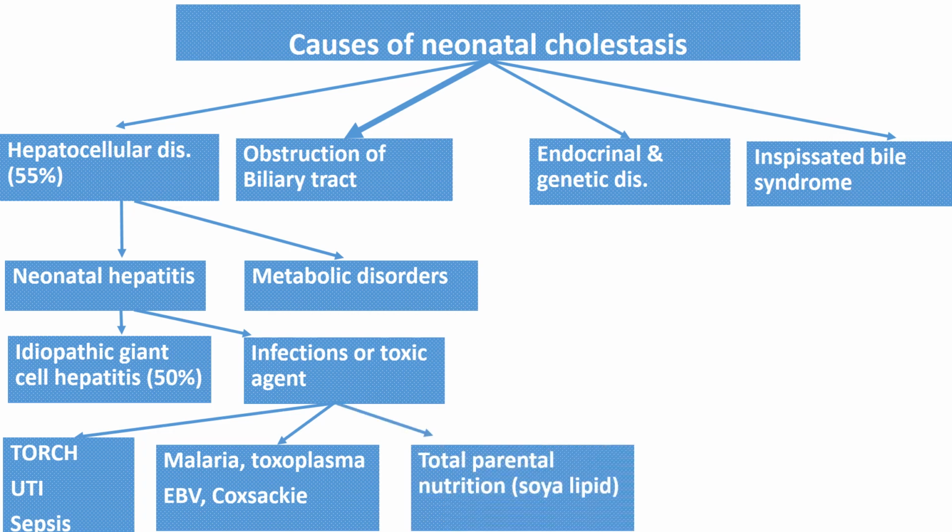Or it can be due to a toxic agent as in TPN associated neonatal cholestasis, in which the soya lipid is the main cause for the neonatal cholestasis. It is mainly seen in the preterm newborn who is on TPN for a long time.